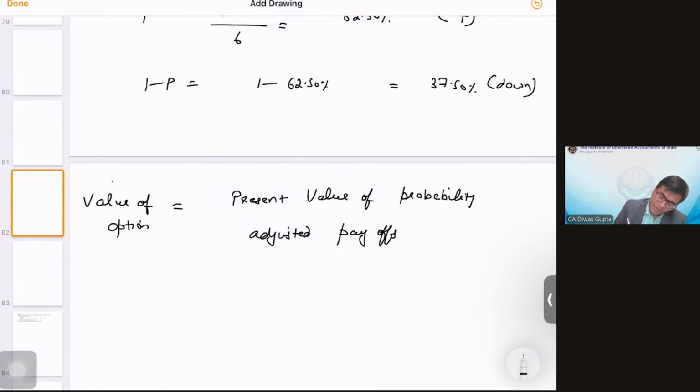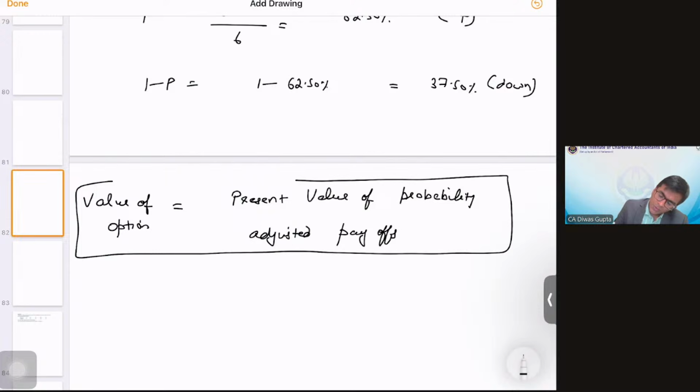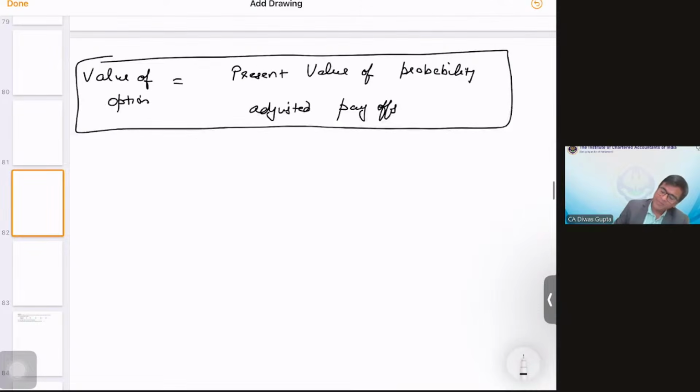As per the binomial method, whatever the payoffs are, you need to adjust them as per the present value of the probabilities. Okay.